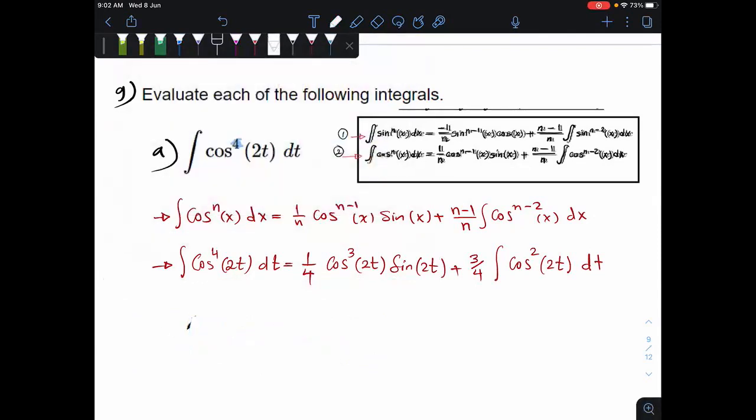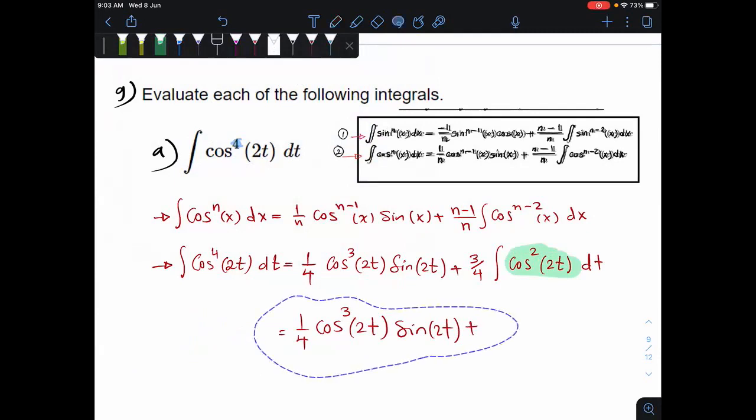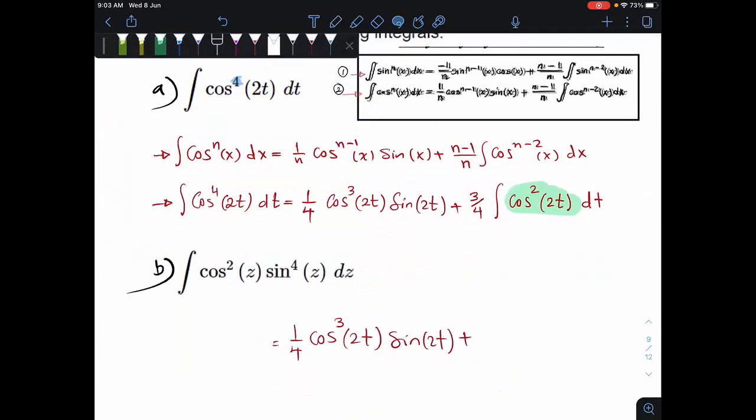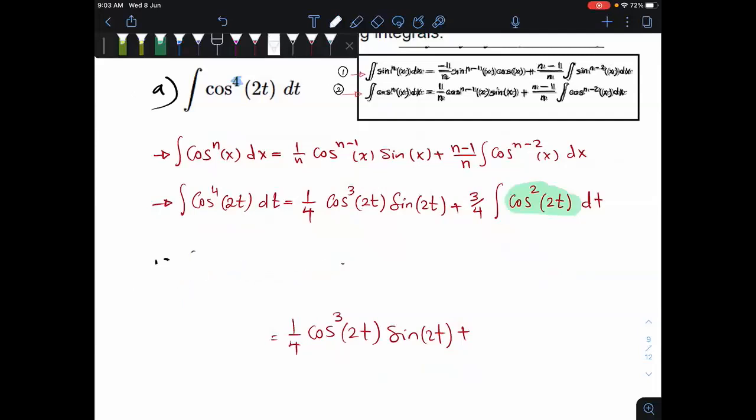The next step is to write 1 over 4 as it is, cosine cubed of 2t sine of 2t. But we have here the integral of cosine squared 2t. So we need a space here. Let's leave it here like this.